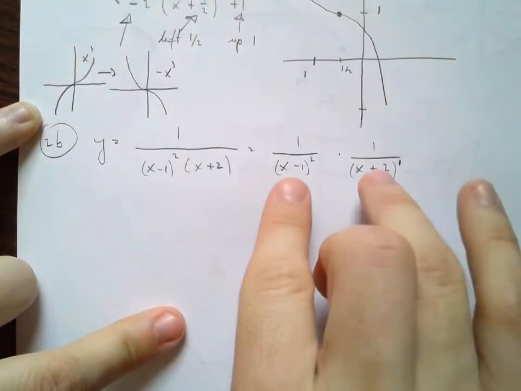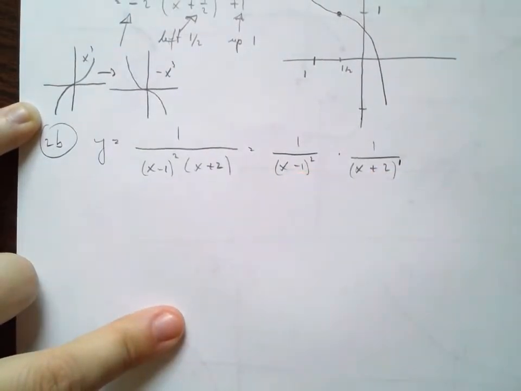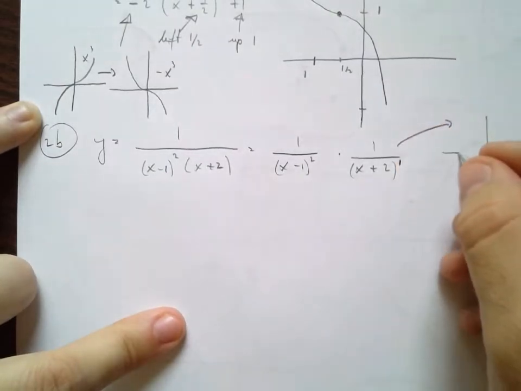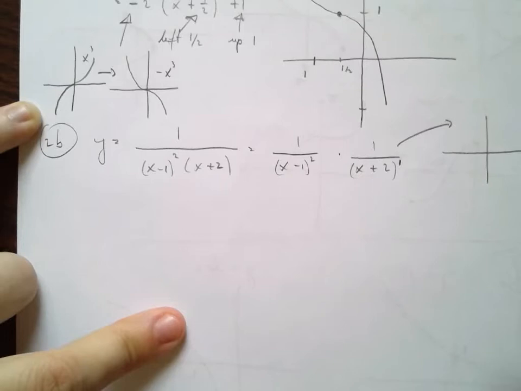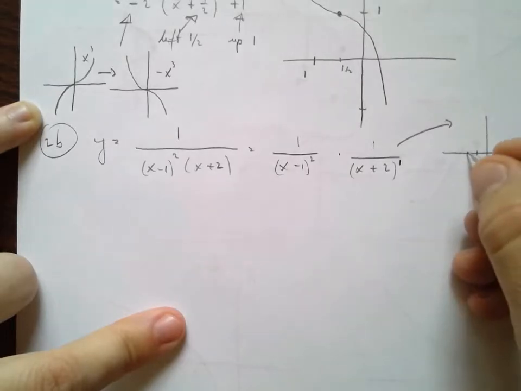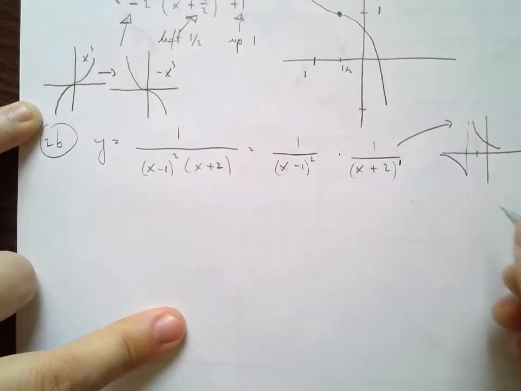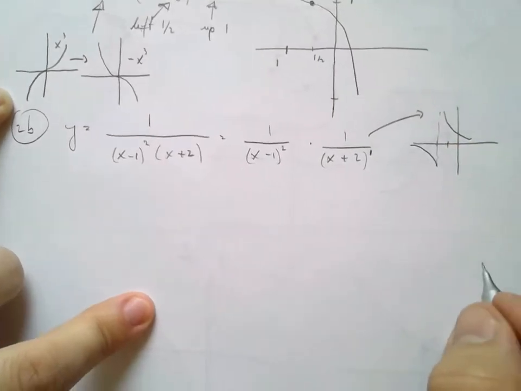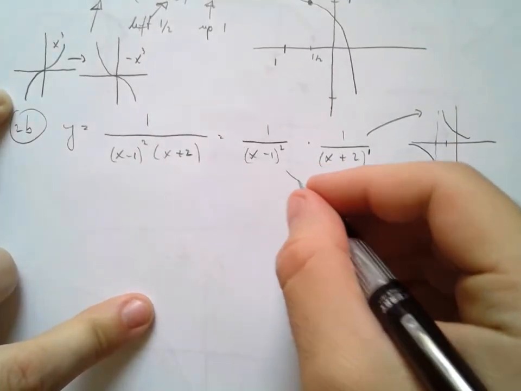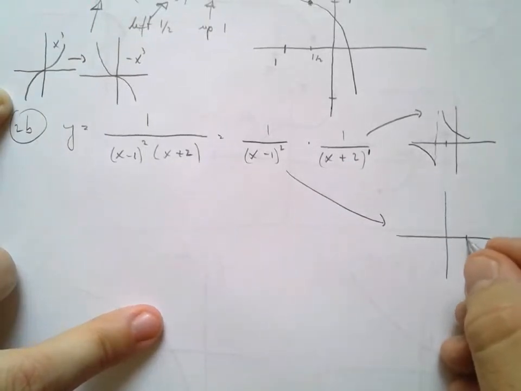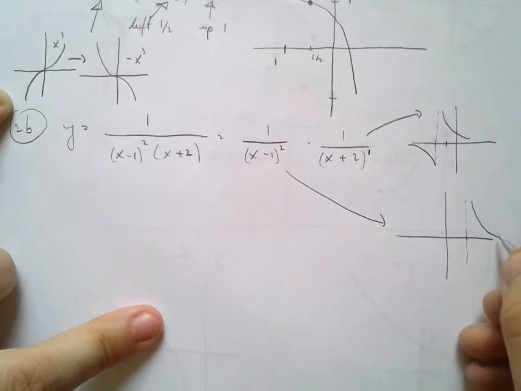Okay? If I were to graph each of these individually, this one alone would look like, well, I have an asymptote at negative 2, and it looks like 1 over x, just like that. And this other one has an asymptote at 1, and it looks like the x squared graph.